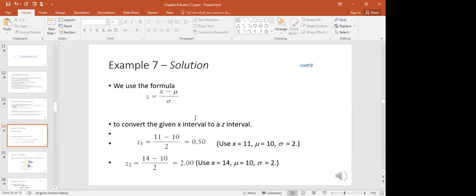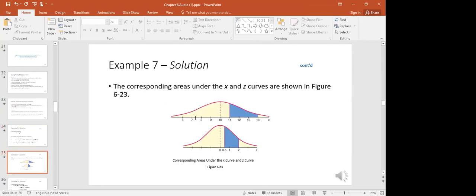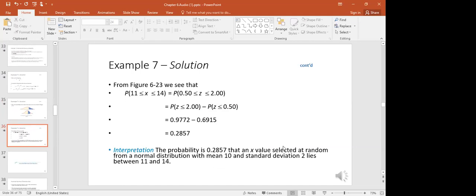We now have two standard values, 0.5 and 2. And the question is, what is the probability that the standard value is between 0.5 and 2? So you read the standard table for 2, and the standard table for 0.5, and do the subtraction.